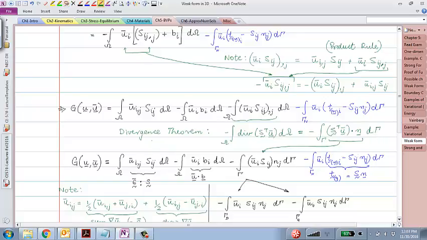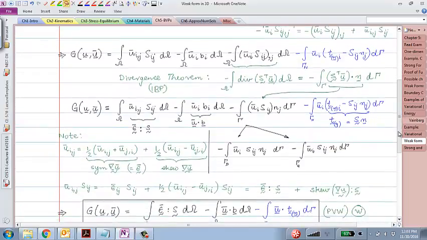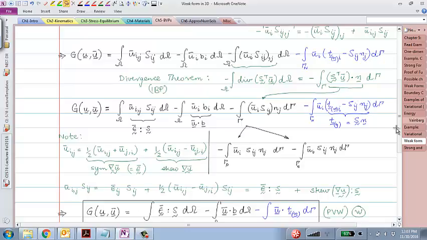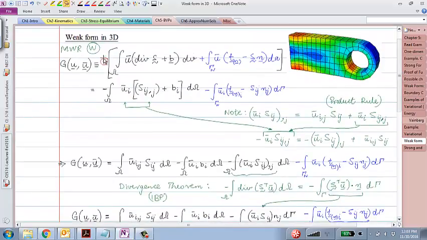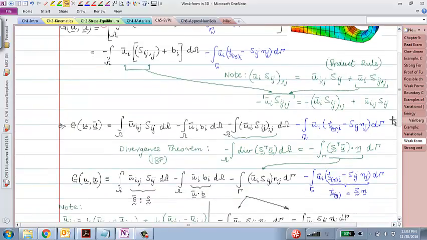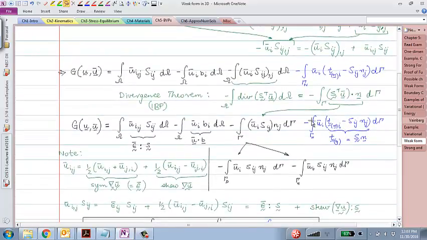So I'll even write here, this is similar to integration by parts for the 1D case. And again, I'll let you go through the algebra. I don't want to go too deep into the derivation, but essentially what you should be able to see is that starting from the strong form, we write the method of weighted residuals, take the product rule, do integration by parts, and then cancel off some of these terms.